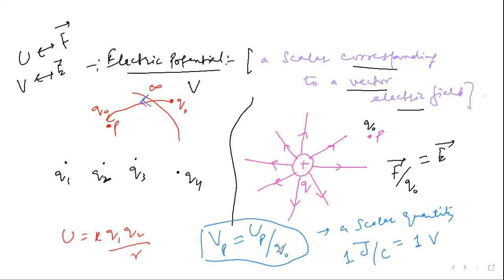It is independent of the test charge, because this potential energy change will contain the test charge. When you divide that by the test charge, electric potential will not contain the test charge, right? So every charge will have electric potential surrounding that charge.